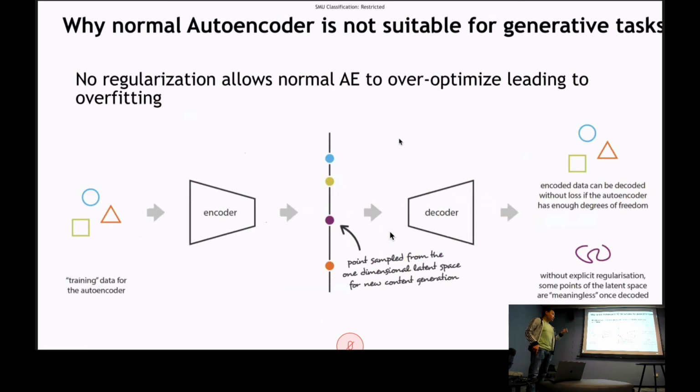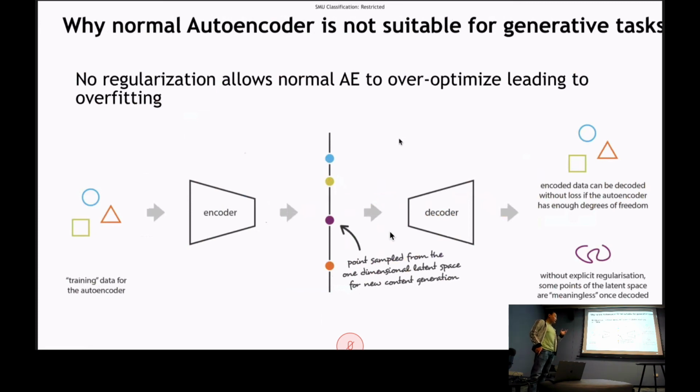We have no regularization. What it means is that the autoencoder will be allowed to over-optimize, so that each point on the latent space would be highly optimized to reproduce back the original version.